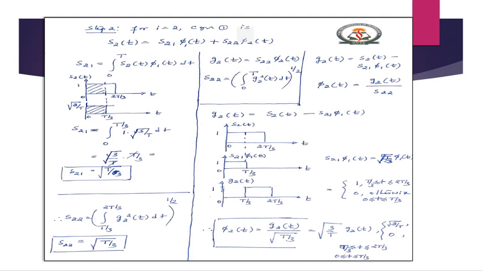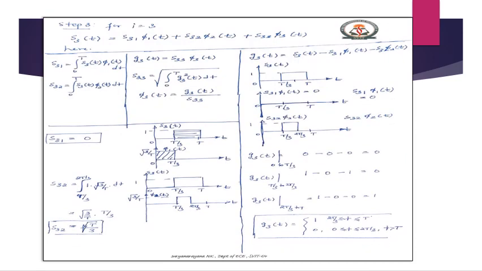Therefore the final value for phi2 of t is root of 3 by T when t ranges from T by 3 to 2T by 3, and it is 0 when t ranges from 0 to T by 3, as the waveform shows here.